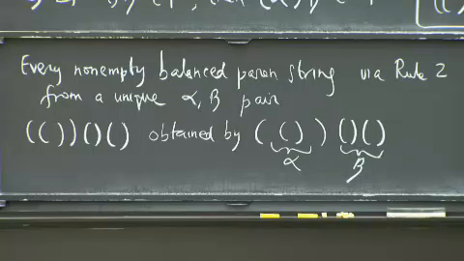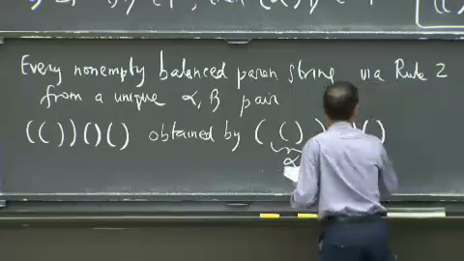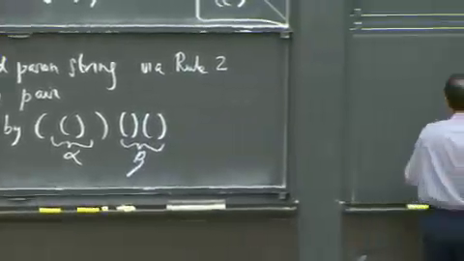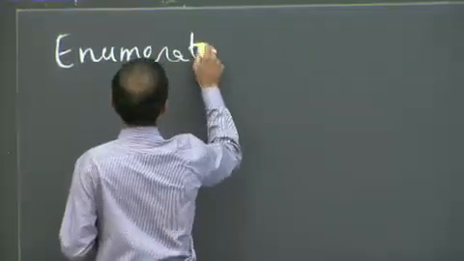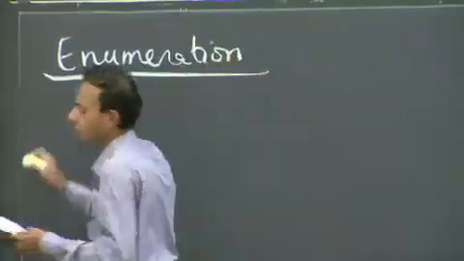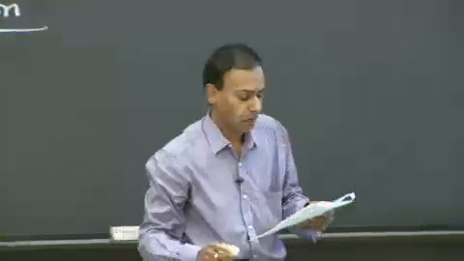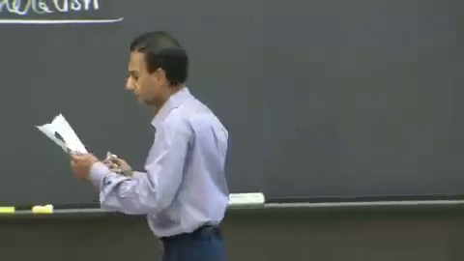Okay? And so this is a non-trivial question, which is I'd like to enumerate the Catalan numbers and compute and get an analytical form for the cardinality of the set. And that's really what the Catalan number is. It's the cardinality of the set.